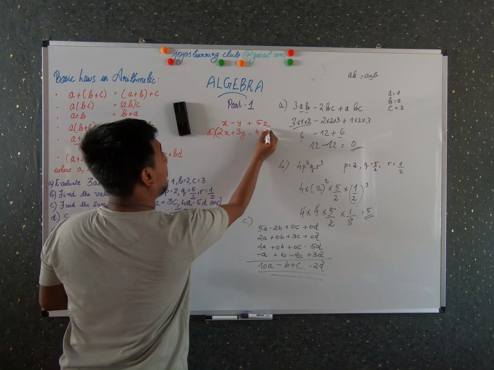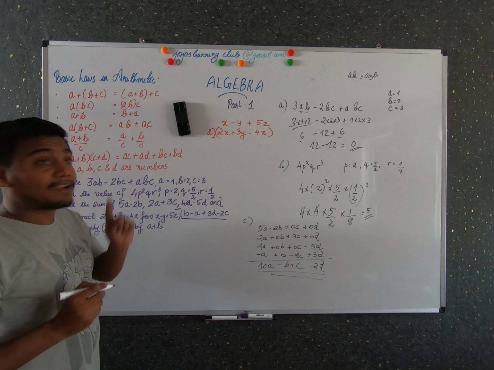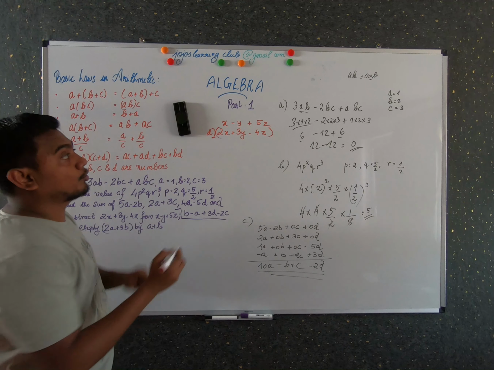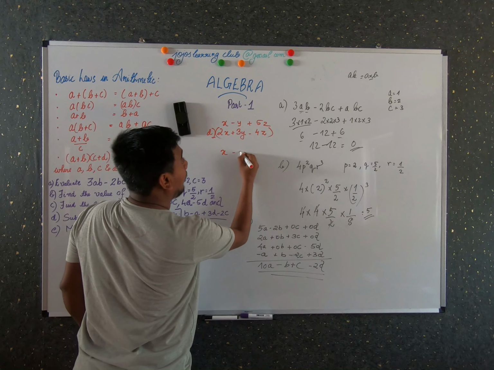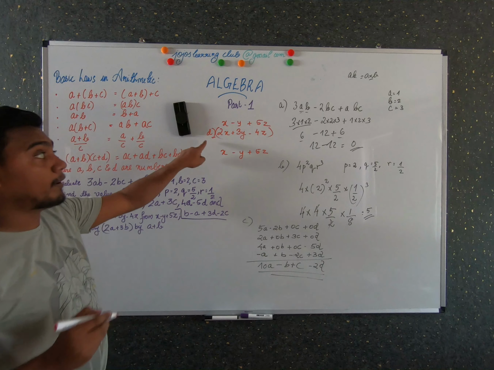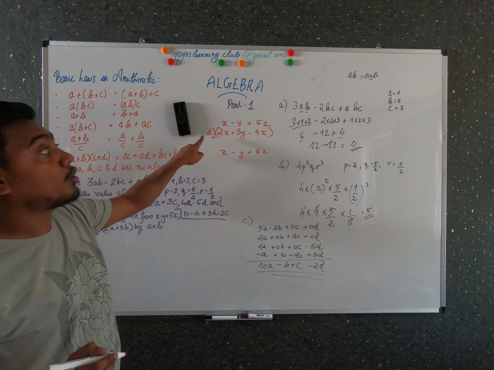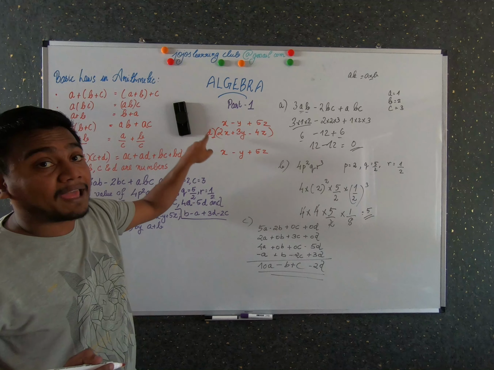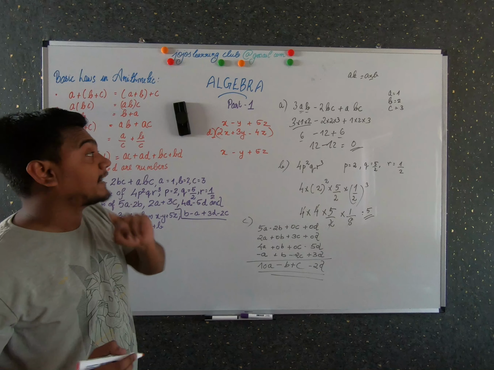So you have to minus these values from x. So I'm writing it down again, x minus y plus 5z. Okay, now remember, when you have a minus sign outside the bracket, you have to apply it to all the numbers inside the bracket.